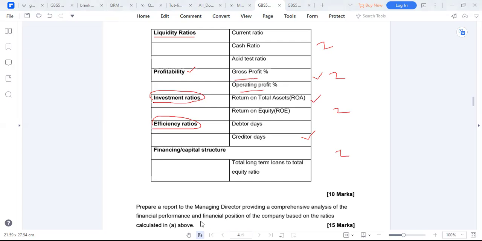In this case, we look at the proportion of debt to equity, that is, how much loans or debt we have in proportion to equity.